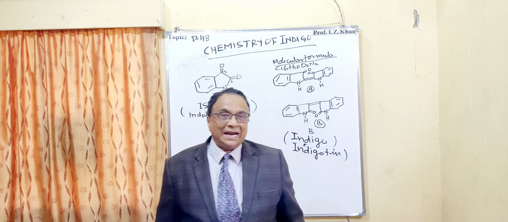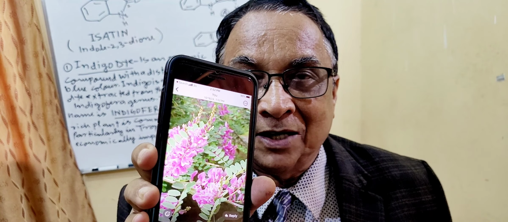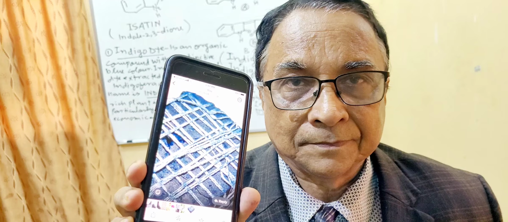This is the Indigofera plant species, which is a very rich source of blue indigo dye, and this plant is economically very important because of its high content of blue dye.